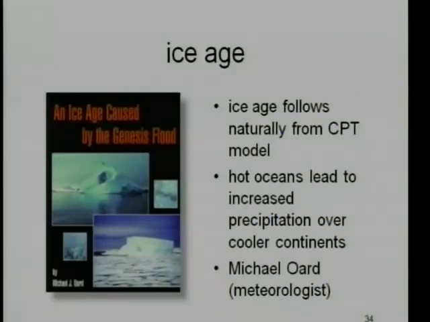And if you've got lots of cloud cover and lots of precipitation, you're going to get cold summers, especially if there's lots of volcanism at the same time, blocking out the sun. That's what creates an ice age, when the ice doesn't melt again in the summer. After the flood, the sea is very hot because of all these processes, and an ice age naturally flows from this.